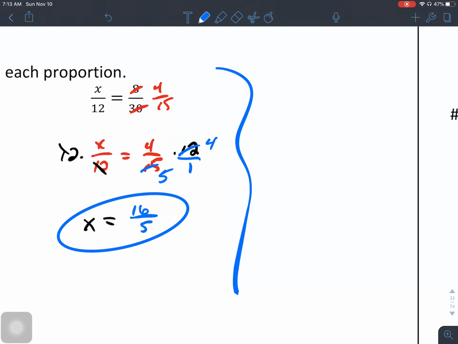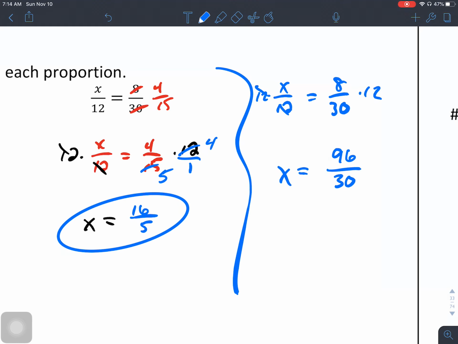If you didn't do all this reducing stuff and you just started out like this, which is fine if you do, and you multiply both sides by 12, which you have that option. The 12's cancel on the left, you have x equals 12 times 8, I believe that's 96. Now, this is the same answer as 16/5, but it's not reduced.